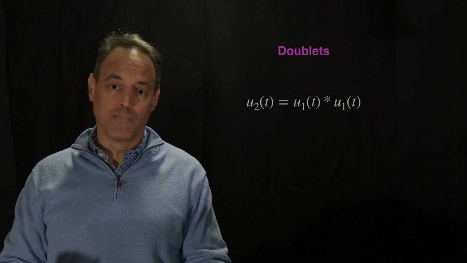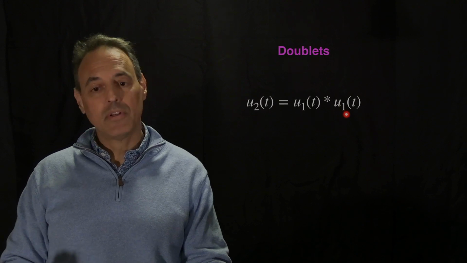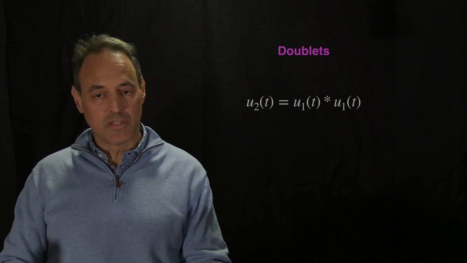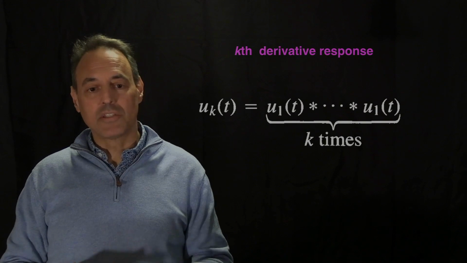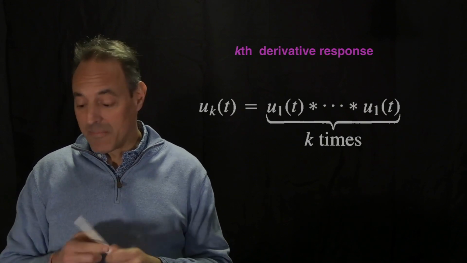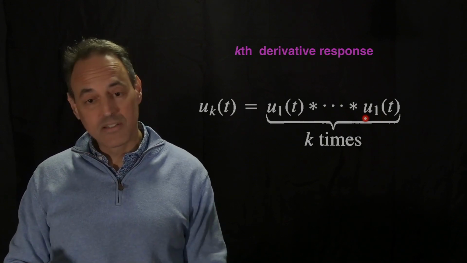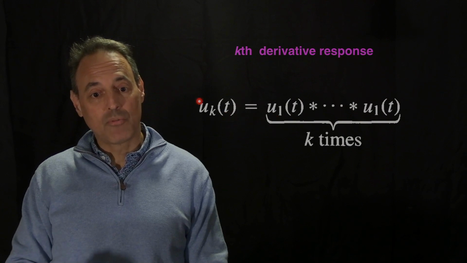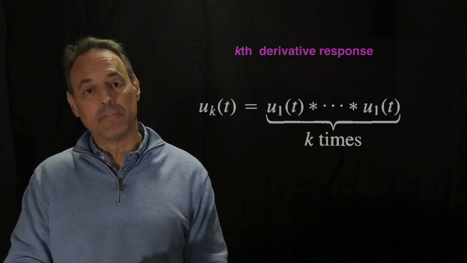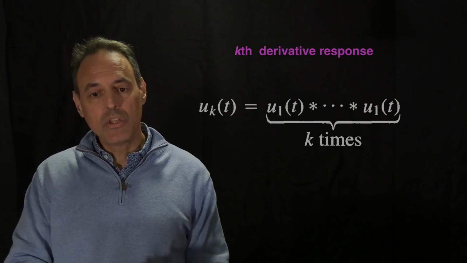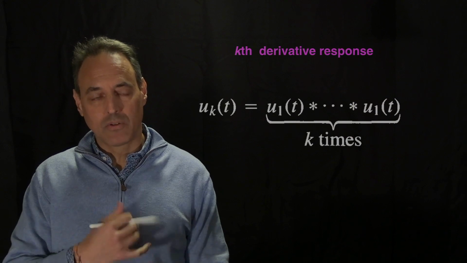So that's one derivative, then the second derivative. In fact, you can do this k times. If I have k of these, it should produce the kth derivative. So what do these fundamental blocks look like?